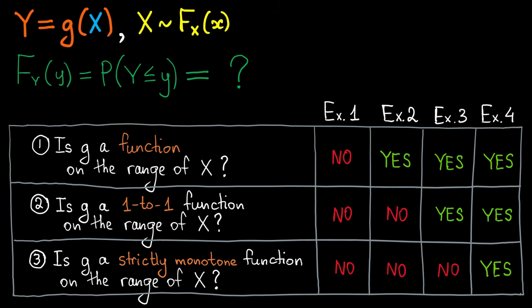And now it seems intuitively within reach why it is possible for us to learn the CDF of random variable y given knowledge of the CDF of the random variable x and of the function g, in the special case when this function g happens to be strictly monotone.